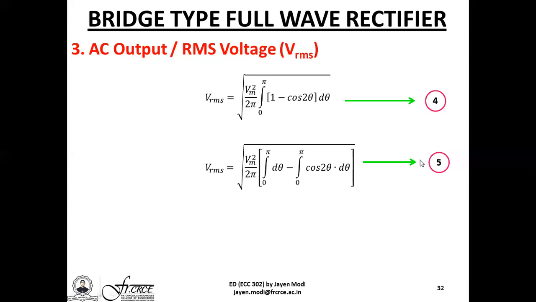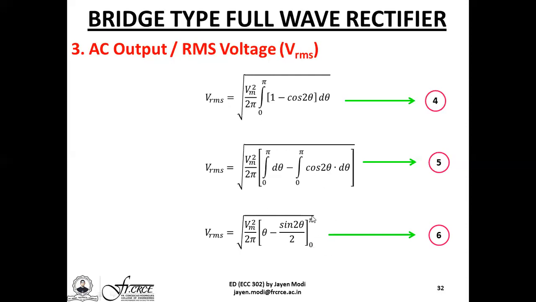So solving the integration part, we have VRMS is equal to square root of Vm square upon 2 pi brackets open, integration of d theta is nothing but theta. The minus sign appears as it is. Integration of cos 2 theta is nothing but sine 2 theta upon 2. And the limits of both are common, that is they are from 0 to pi.